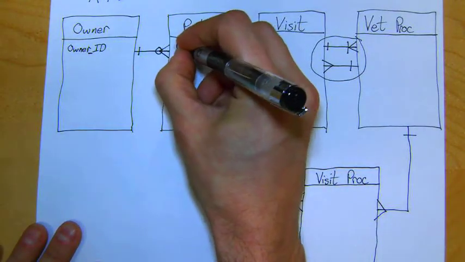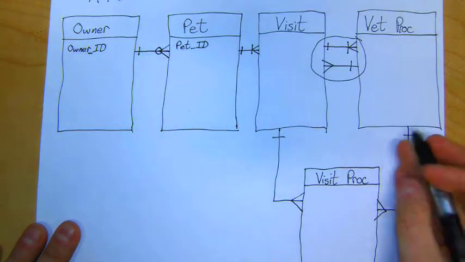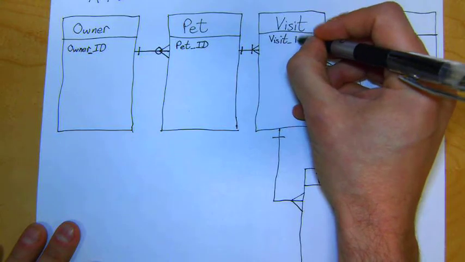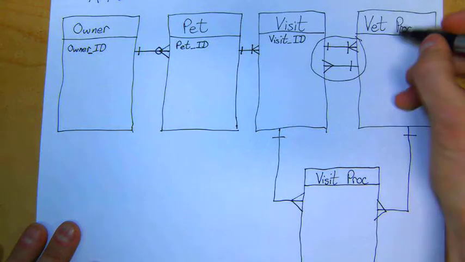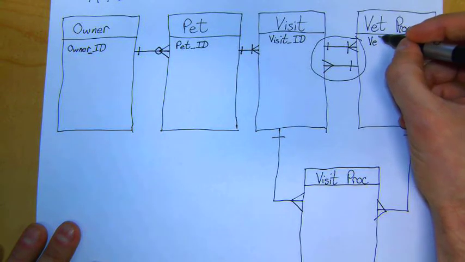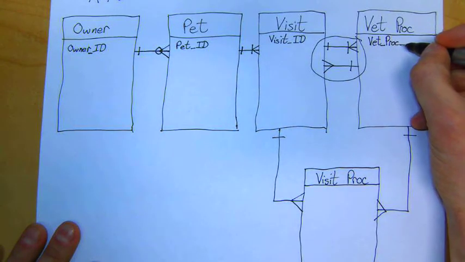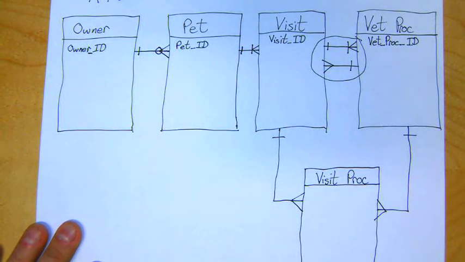Say pet_ID. Say visit_ID. We're going to ignore the bottom guy for right now, and you'll see why in just a second. And so we'll say vet_procedure_ID.